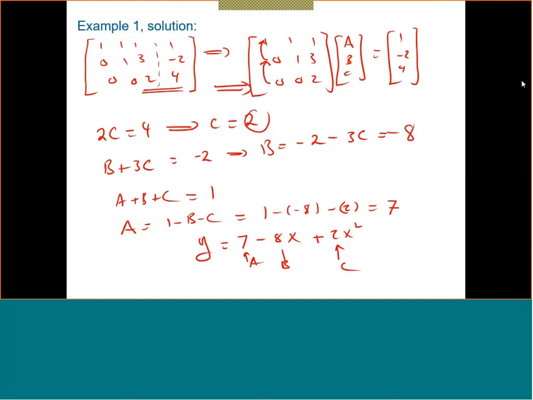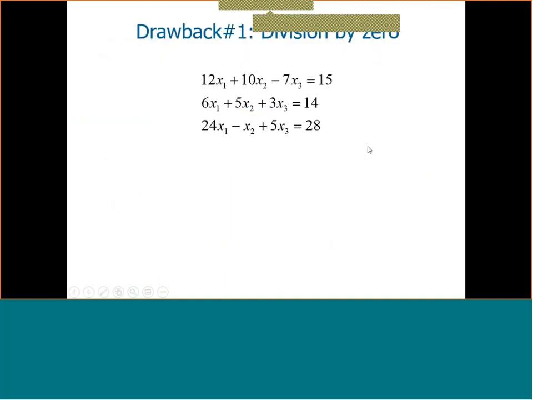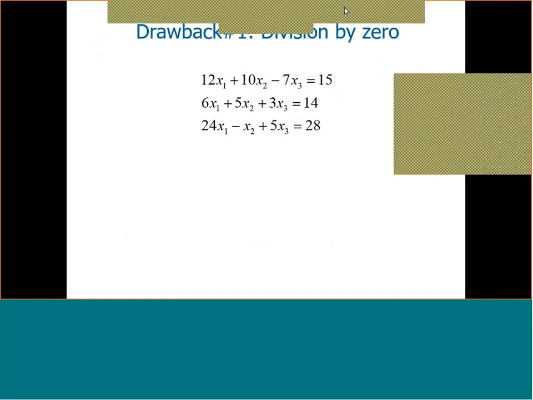Okay. Now, the question here says, why don't we apply the matrix multiplication to A, B, C? I don't understand the question. What do you mean by apply the matrix multiplication?